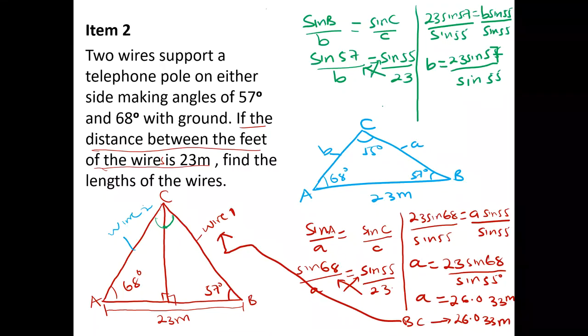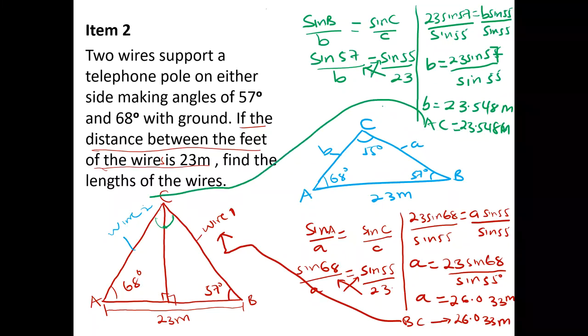And the answer here, the value of b is equal to 23.548 meters. So it means that this side AC is equal to 23.548 meters.